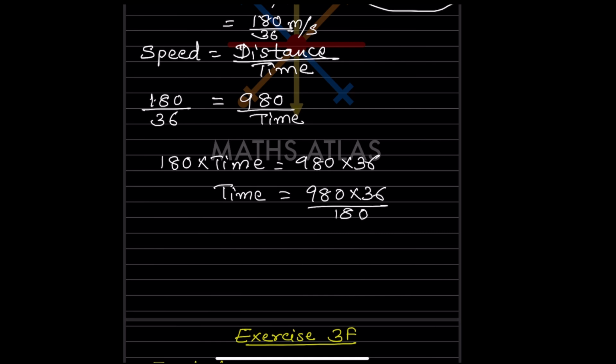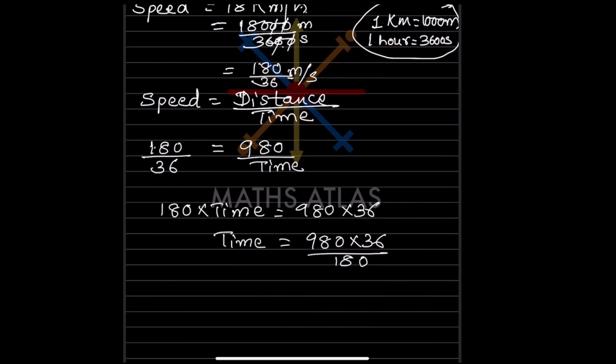Because here is multiplication, this gets divided. So let us cut this 0 and this 0. 18 ones are 18, 18 twos are 36. So this time is going to be 98 twos are 196. And whatever time we get, this is going to be in seconds.